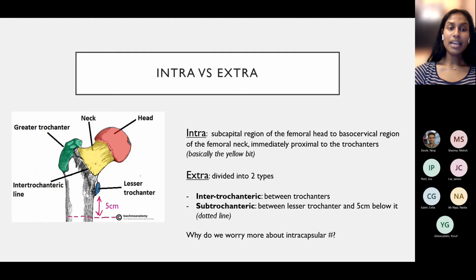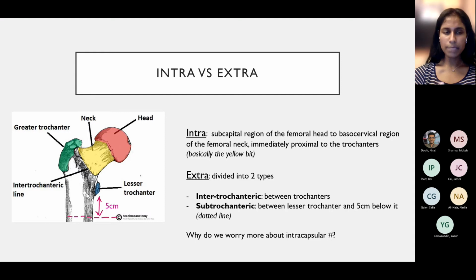And then remember that extracapsular is split up into 2. So you've got extracapsular fractures that fall into the intertrochanteric line here. So you'd call that an intertrochanteric fracture. And then you've got subtrochanteric, which is basically everything below that intertrochanteric line up to 5 centimeters distal to the lesser trochanter.